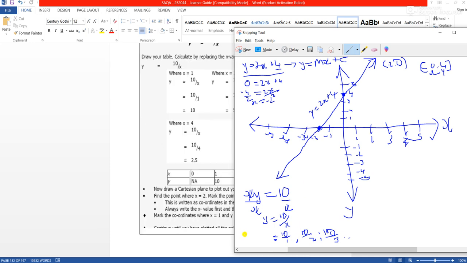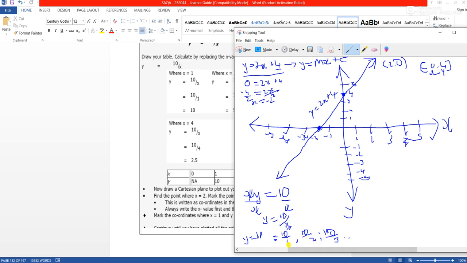So where x is 1, 2, and 3, y will be the answer for these. So for instance, y will equal, when you take 10 and divide it by 1, that value will give you your y coordinate, knowing that our x is 1, based on the function that we have within our equation.